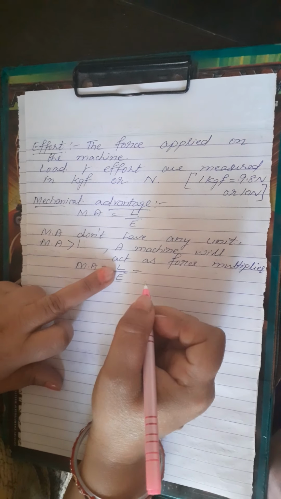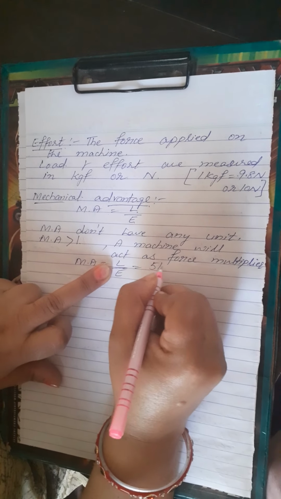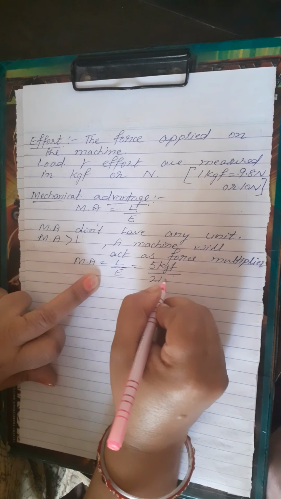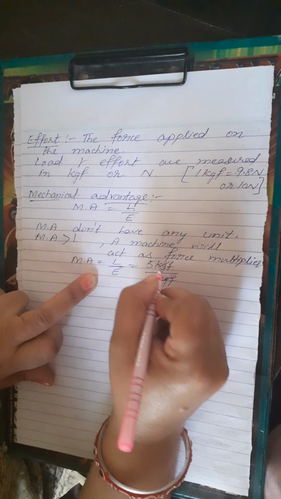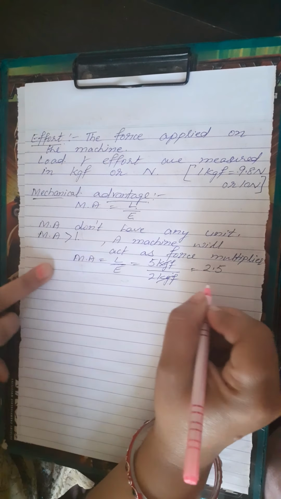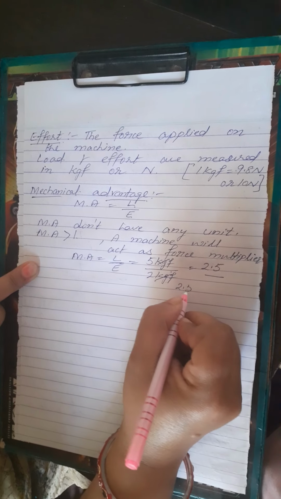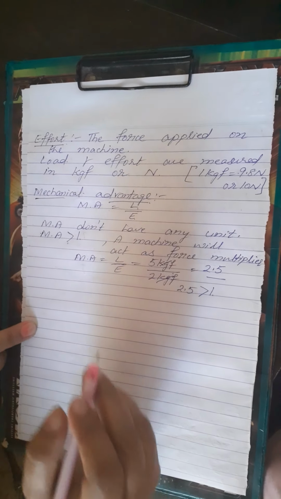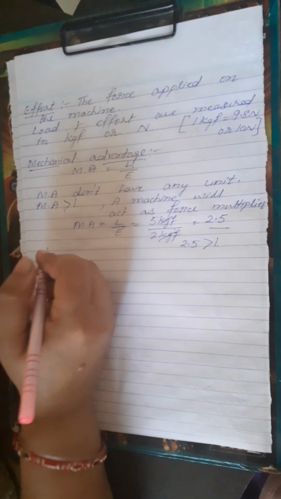If the load is 5 kgf and the effort is 2 kgf, kgf will cancel and your answer will be 2.5. So 2.5 is greater than 1, so the given machine will act as a force multiplier.